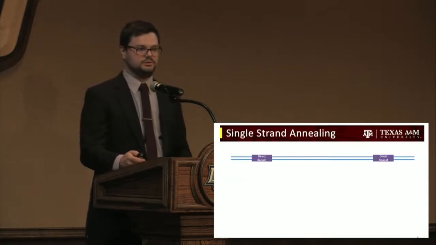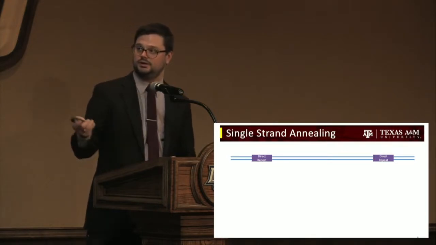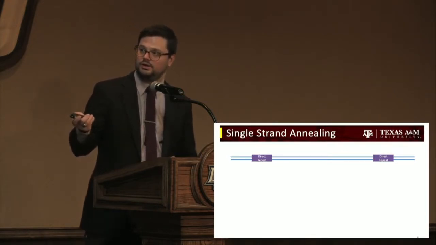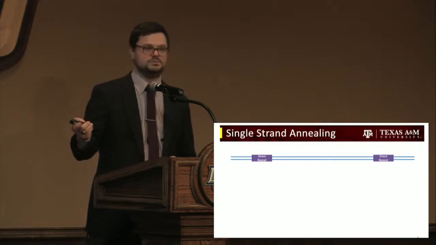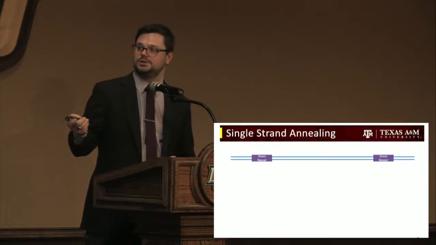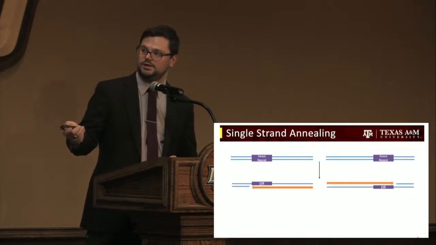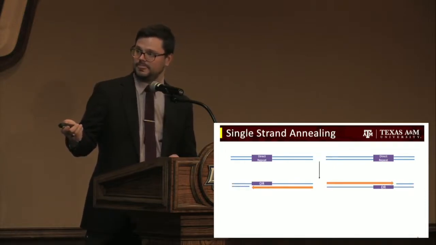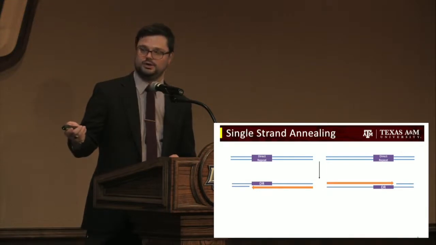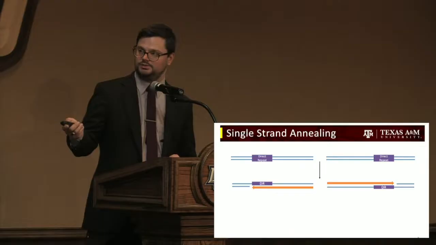And so just a review from yesterday of single-strand annealing. It can only occur when you have these direct repeat sequences flanking where the damage happens. Direct repeat just means that these have the exact same sequence of DNA. And so if damage happens there, then just one strand on either end is resected by certain proteins.